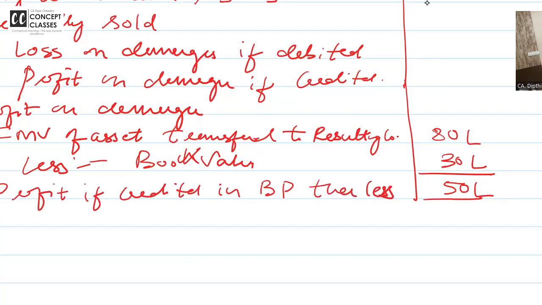If you want me to simplify more or have any doubt, ask. See, simply when I transferred my asset to the resulting company, there is a loss, sorry, profit. This profit, if I have credited it by mistake, remove it, because this is just the difference in the value of what I have transferred.